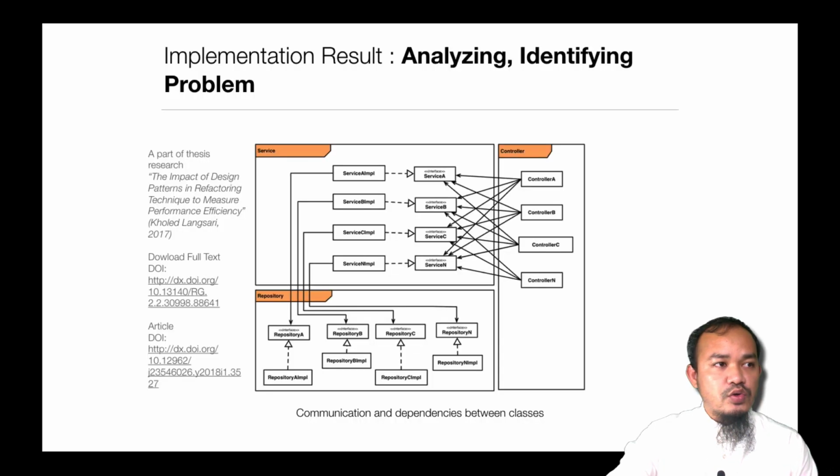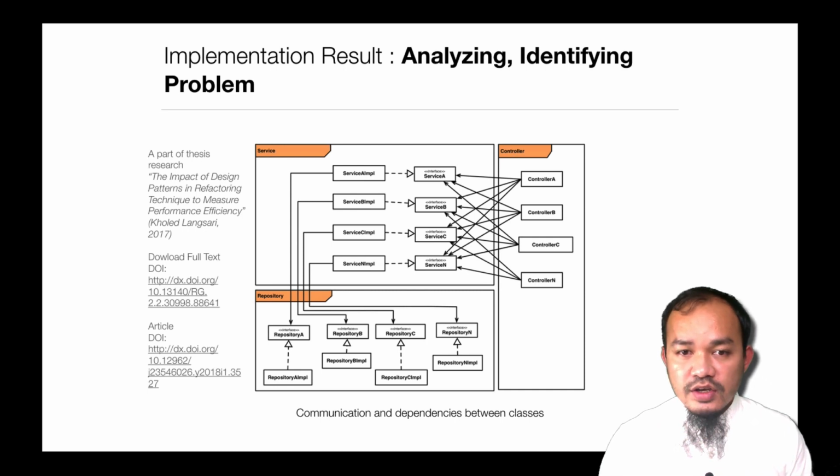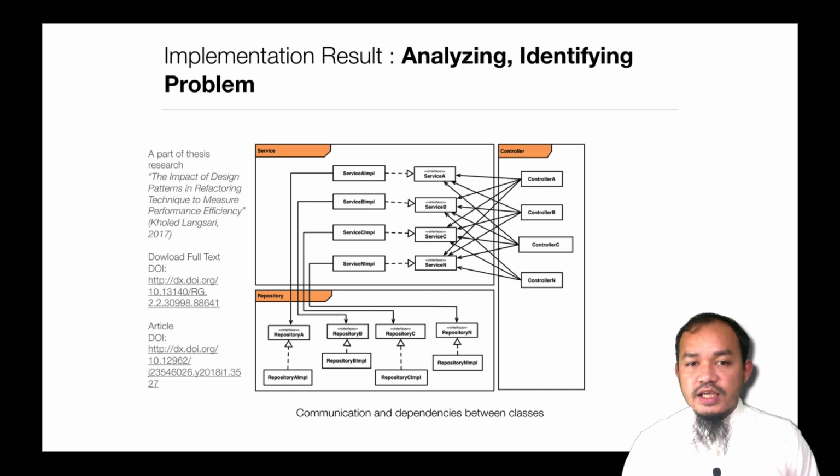As I will show you here, this is my thesis implementation. Okay, if you look at here, we have a controller, we have a service, and we have a repository, right? You look at the controller, we have controller A, B, C, and so on, up to controller N, right? Every controller uses many services, right?